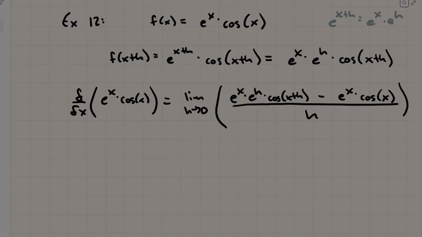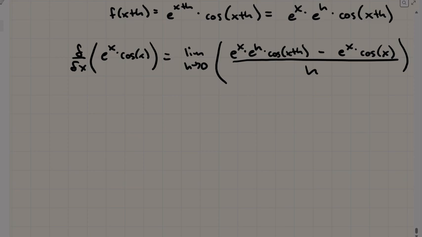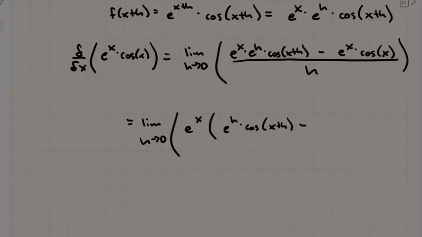All right. We do have an e to the x term in both of those, right? And it's also not dependent on h. And so we're going to end up pulling that one out. So first, let's just factor it out here. e to the x, and then we're going to be left with e to the h cosine x plus h minus cosine of x divided by h.